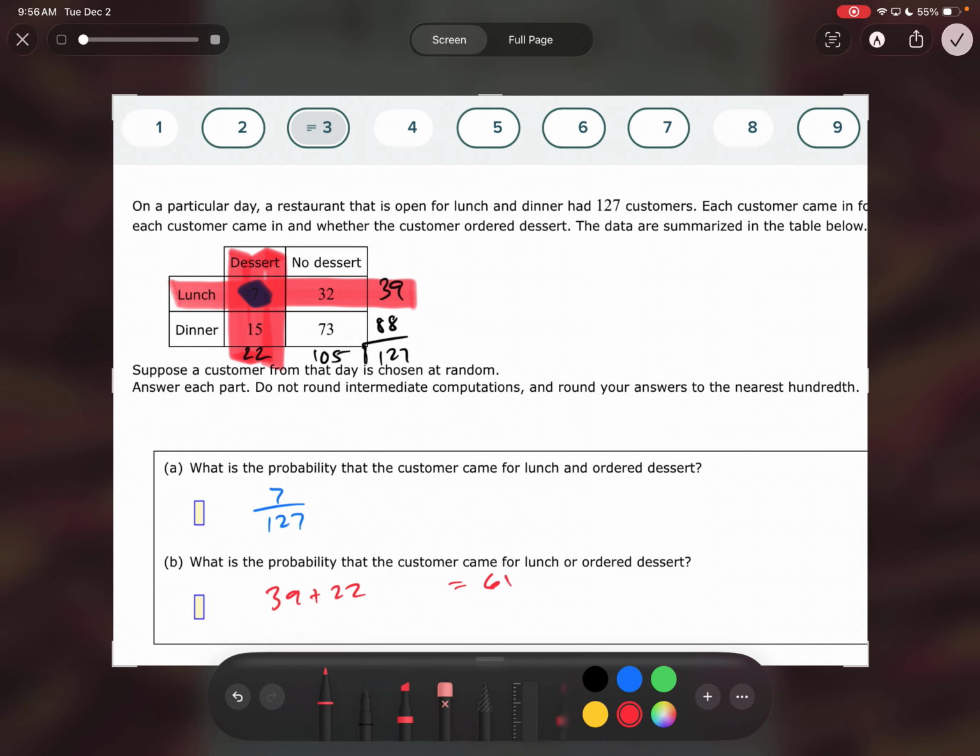Yeah, it's kind of hard to see with my number there, but I added that 7 twice. So what I actually need to do is subtract the 7 out and then make this 54. Yes. 54 out of 127. Okay. So again, add, but be careful of overlap.